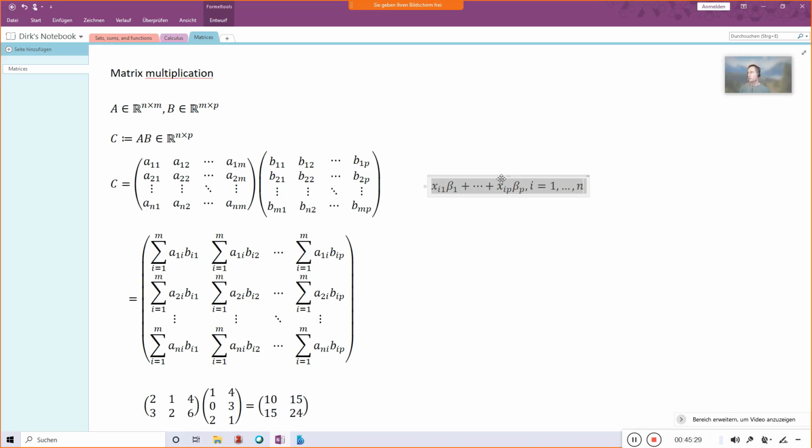Do that a couple of times, then you got it, and then you will also not forget it. You should be fluent in evaluating this, even if you make arithmetic errors, which are easy to do, but you should be aware of which sum is written in a specific element of a matrix product C.